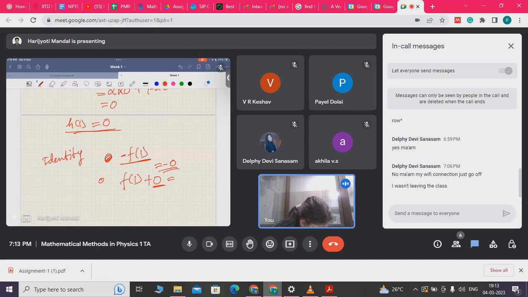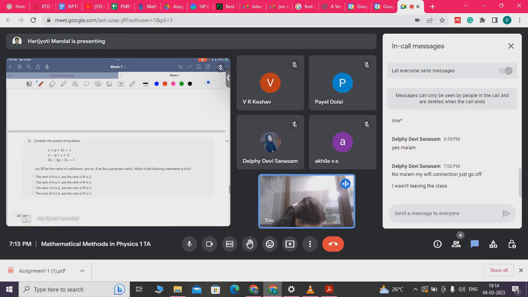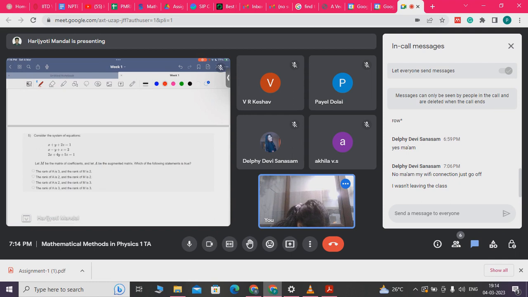And also if you add the null vector, it is also in the vector space. So option D is correct.